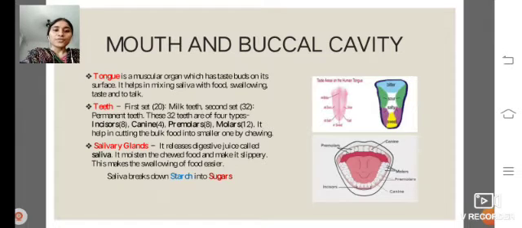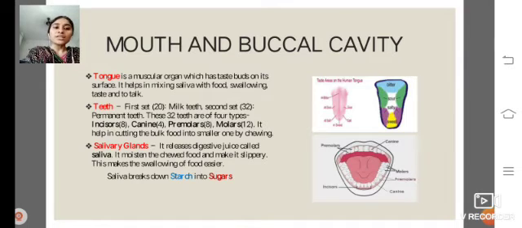Next is teeth. Generally, the first set of teeth comes when a child is in infancy. The first set of 20 teeth is known as milk teeth or temporary teeth. The second set of teeth is generally 32 in number and is known as permanent teeth.